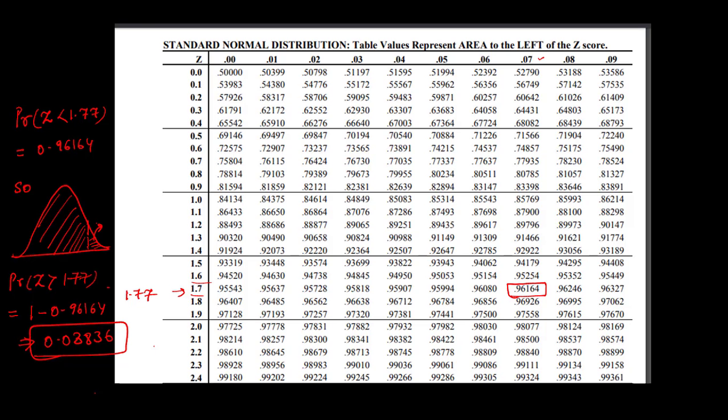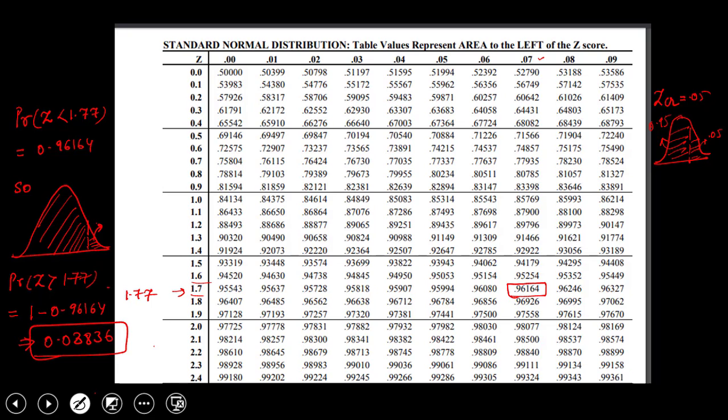Now we can see from the table that we want to select the Z critical such that the probability of Z greater than Z critical is equal to 0.05. For this area to be 0.05, the remaining area must be 0.95, and we know that in the Z distribution table, the values represent area to the left of the Z score.